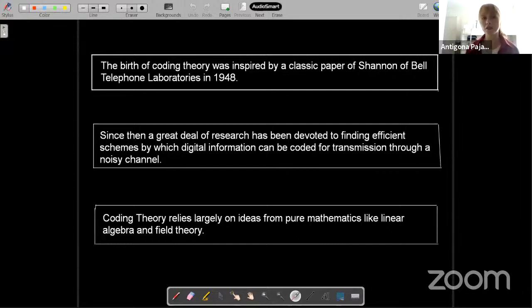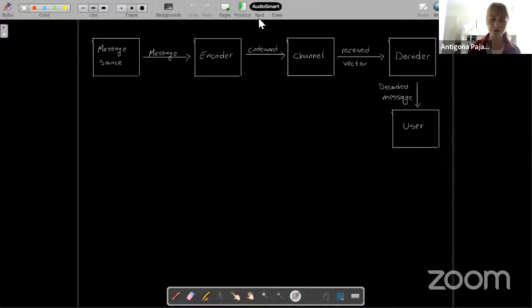From that moment on, a great deal of research has been devoted to finding efficient schemes by which digital information can be coded for transmission through a noisy channel. And also, coding theory, as the previous professor talked about, is an application of pure mathematics like linear algebra and field theory. So today I'm just going to give that part of coding theory for linear codes.